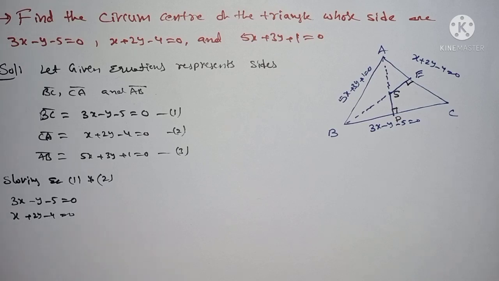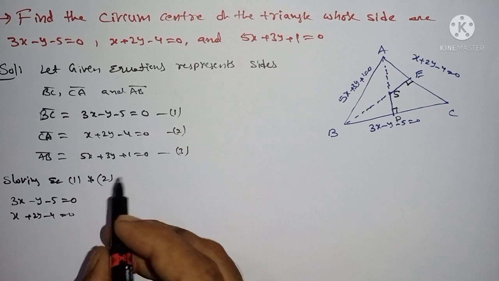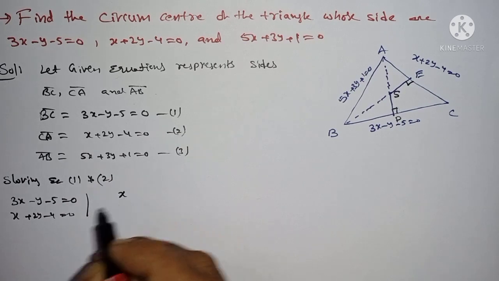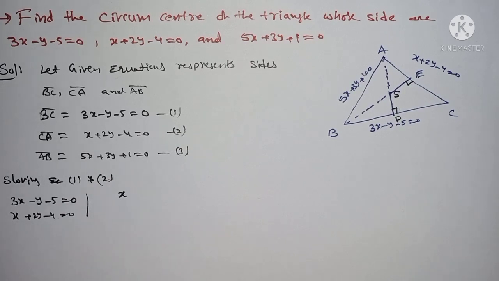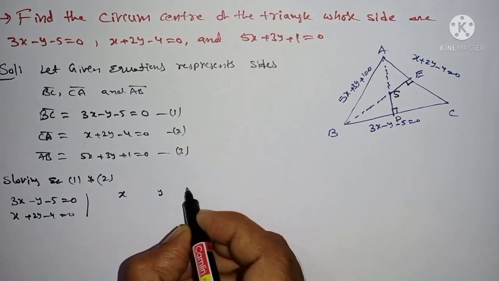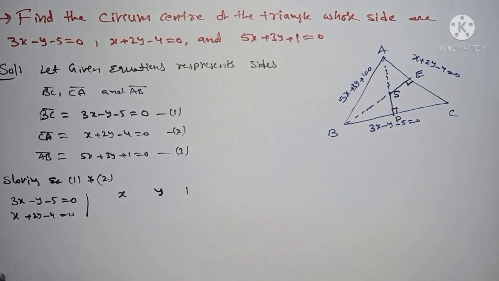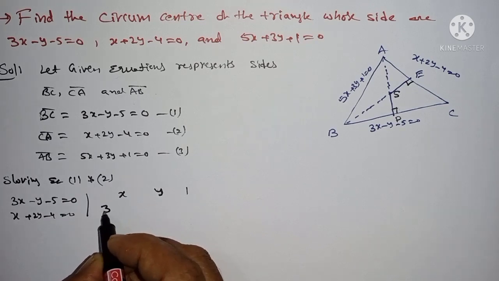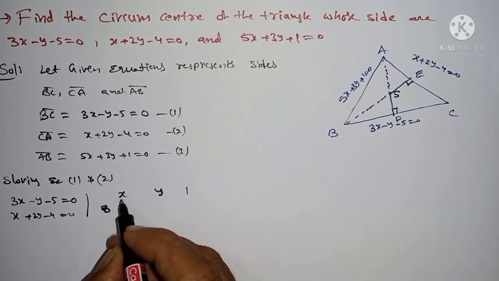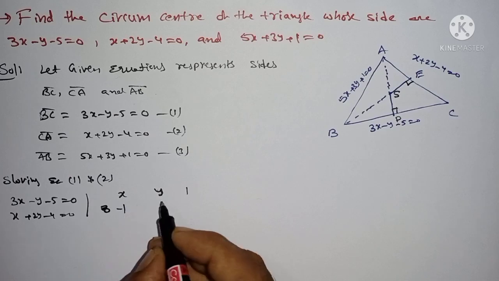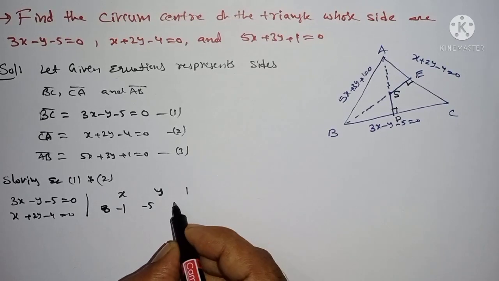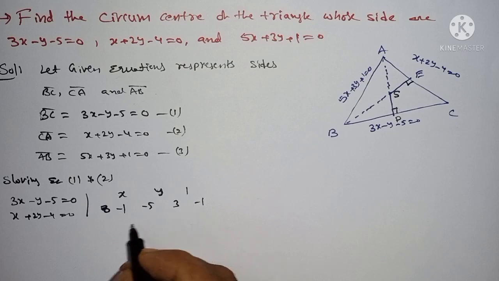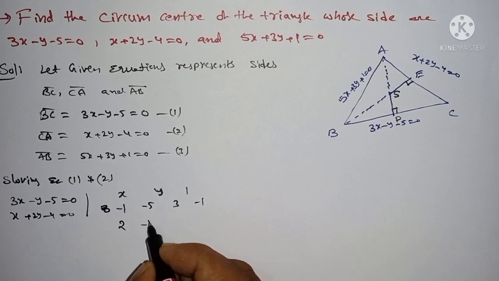You can use the elimination method, or the method of finding x, y, constant using the coefficients. First you take minus 1, minus 4, 3, minus 1, and second one is 2, minus 4, 1, 2.